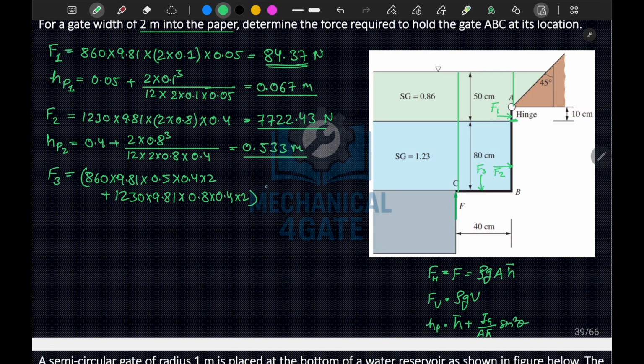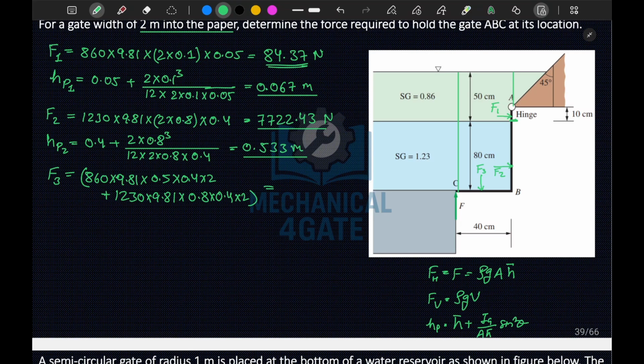So this would be equal to, let me calculate it here, 860 into 0.5 into 0.4 into 2, plus 1230 into 0.8 into 0.4 into 2.